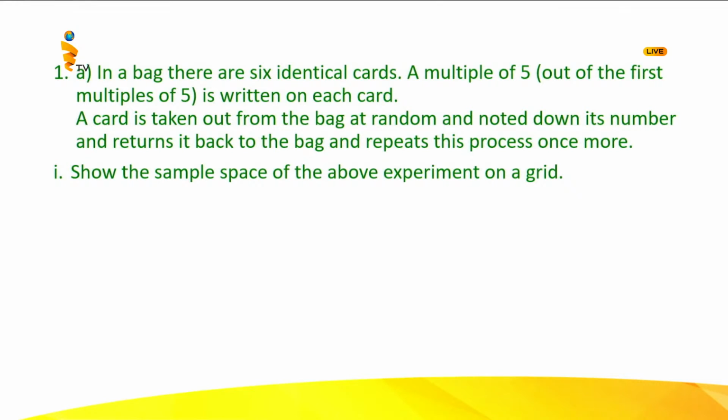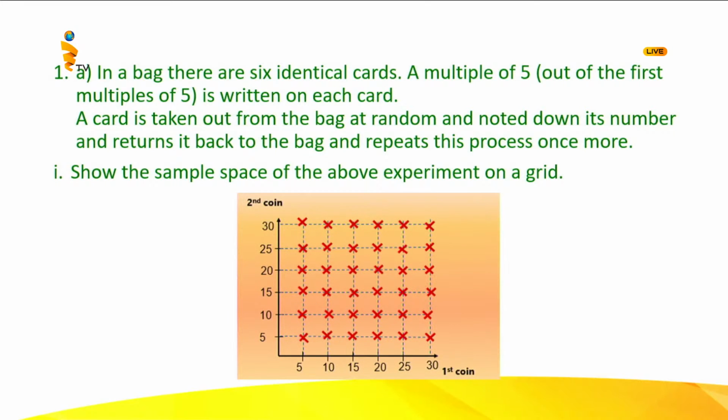So it is very easy. We are going to replace the card, and to draw the sample space we are going to draw 2 axes and name them the first take and the second take. So I have marked crosses.